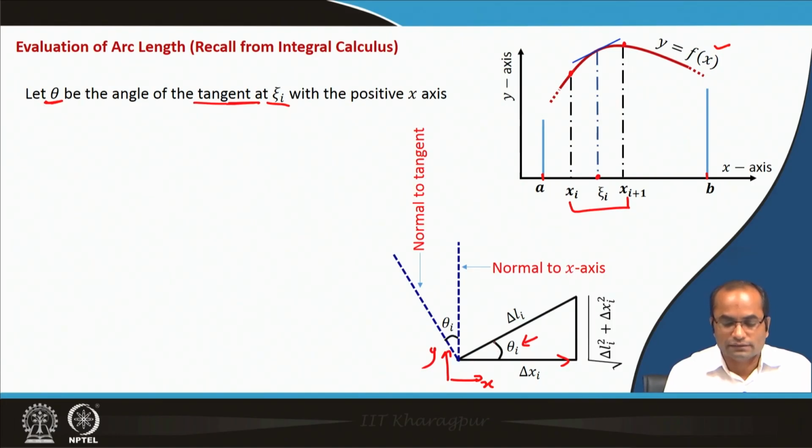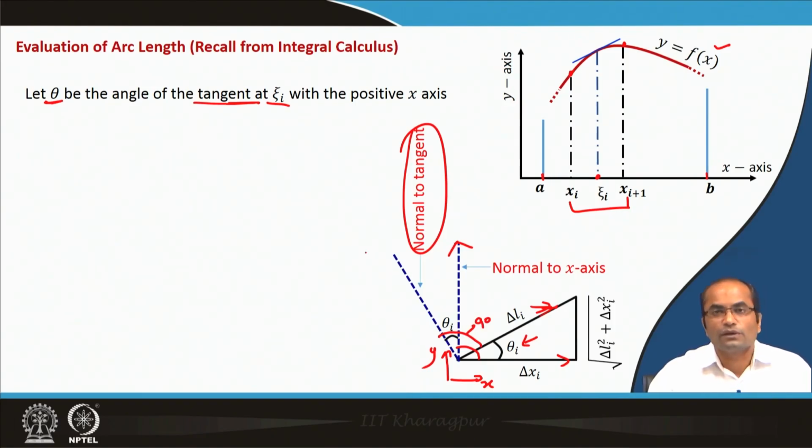Either we say this is the angle the tangent makes with the positive x axis, or we can say it is the angle involving the normal. This is the normal to the tangent at that point, and this is the normal to the x axis. We have shifted this line by 90 degrees, and similarly the other line also by 90 degrees, to get the normal to the tangent.